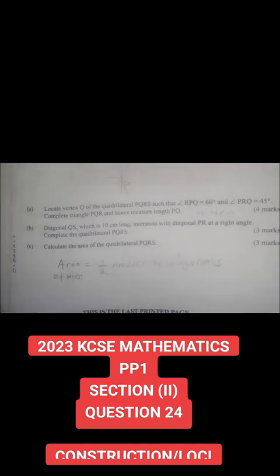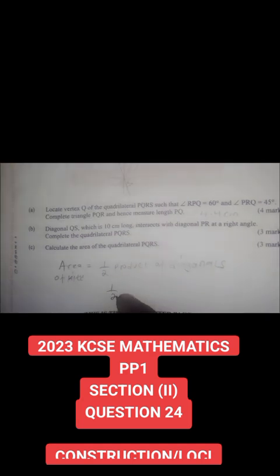That is how we find the area of a kite. So remember the diagonals, we have 10, which was running from Q to S. So a half times 10 times PR, which we are given as 6. Therefore, the area of this figure is going to be 30 centimeters square.